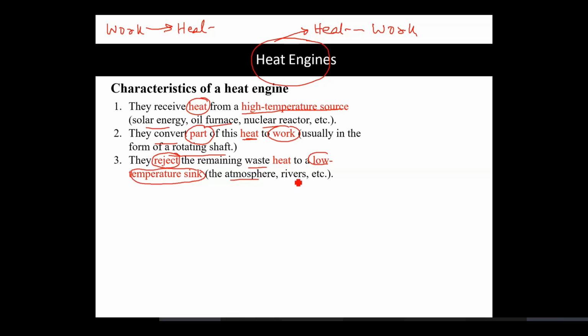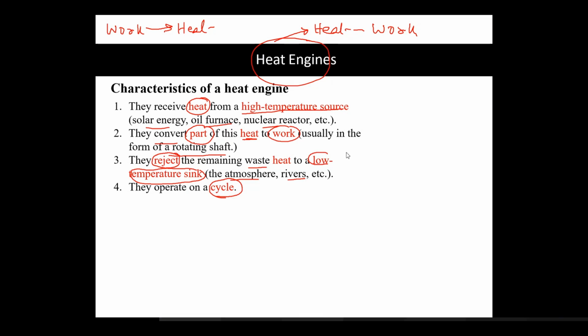The sink could be atmosphere, rivers, or other things. And the fourth characteristic is that heat engines operate on a cycle. So these are the four characteristics.